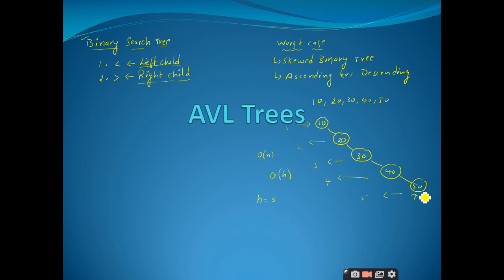So if I want to search 50, what is happening here? I have to compare 50, the search key element k is equal to 50, with 10, since it is greater than, go to its right hand side, compare 20 and 50, then again compare 30 and 50, compare 40 and 50, 50 and 50, here you have found it, right?